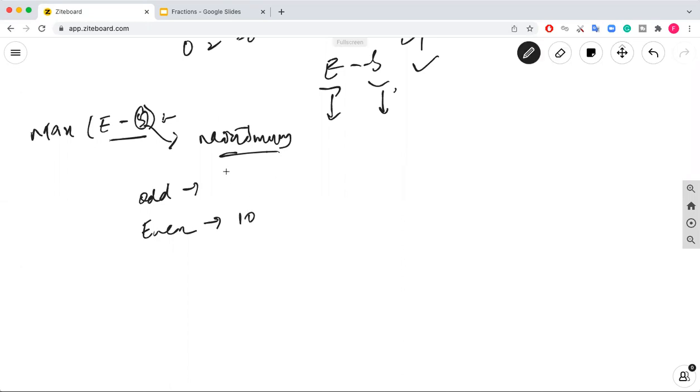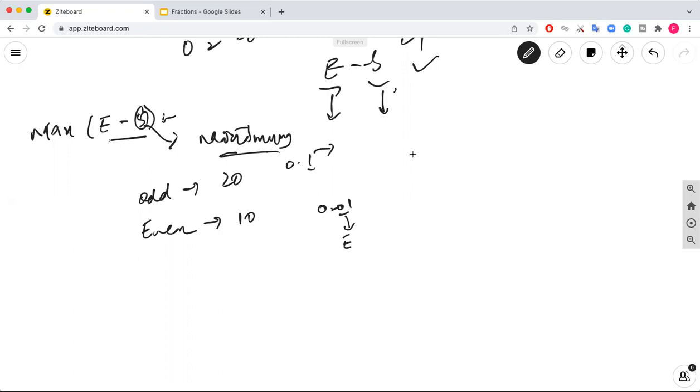How can we have a minimum value for the actual sum? Let's suppose for even we have 0.01, where the 10th digit is even, and for odd we have 0.1, where the 10th digit is 1.